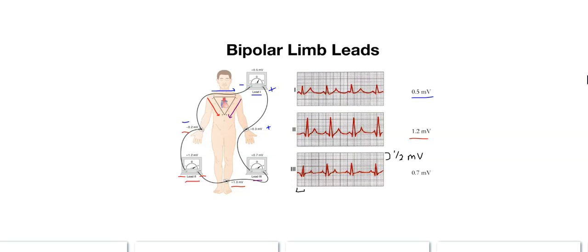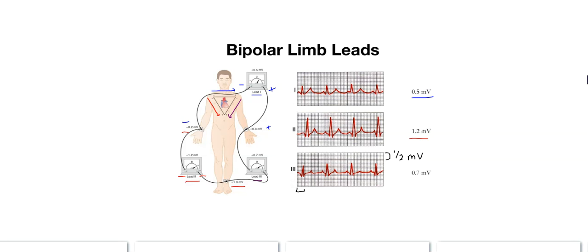So if you were to look at lead 1, basically your QRS spans that one large square. So you can figure out the voltage that's being measured in each one of these leads just by counting the number of large squares that the QRS spans. So baseline about 1 square.